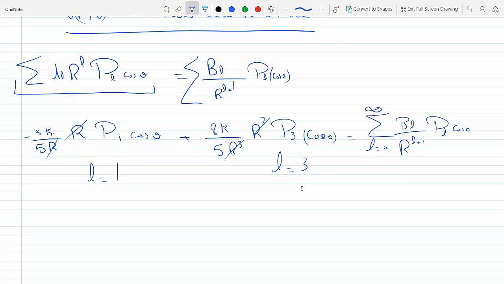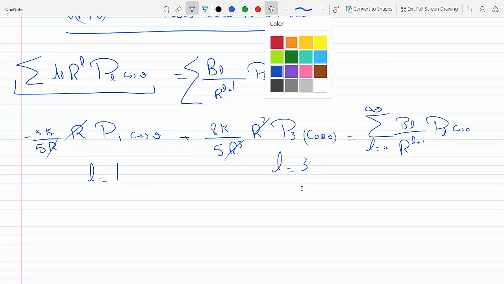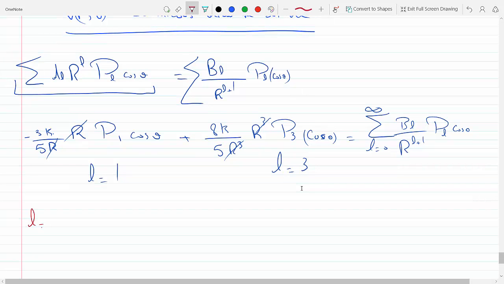Meaning there's really only two scenarios here that can happen.